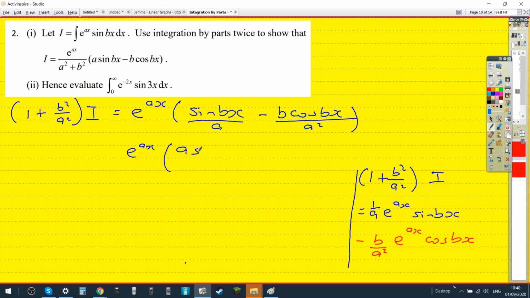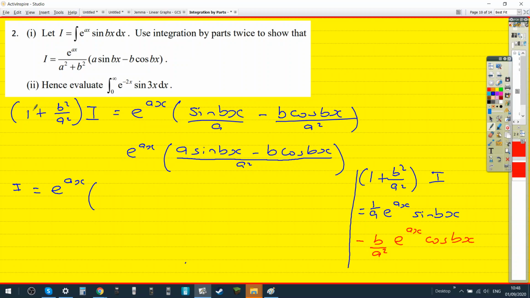So then you'd have a sine bx minus b cos bx over a squared. So that is over a squared. And then you have to divide by 1 plus b squared over a squared. So you have e to the ax, then you have this thing.